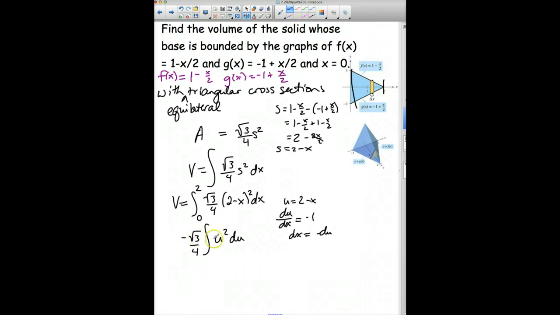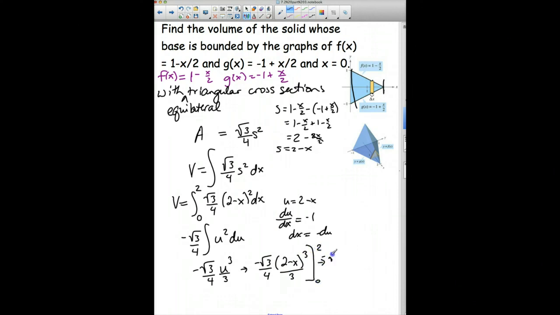That's why I wrote that negative there. And our limits of integration would change, but I'm going to keep them as they are for now and add 1 to the exponent, divide by the new exponent, and then put u back in before I put my limits of integration on there.